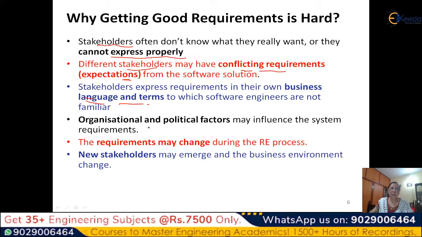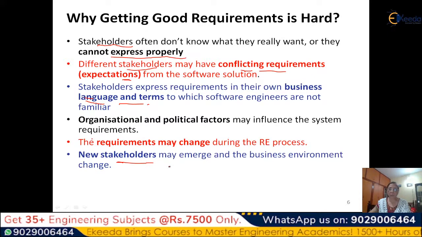And then there are organizational and political factors which may influence, and the requirements may change during the RE process. Not only during the RE process, it may change even after. And then there may be some new stakeholders. Initially at the inception stage, when you identified the stakeholders, you did not have so many people, but later on, by the time you are completing your requirements and going to the design phase, some other new stakeholder may come.